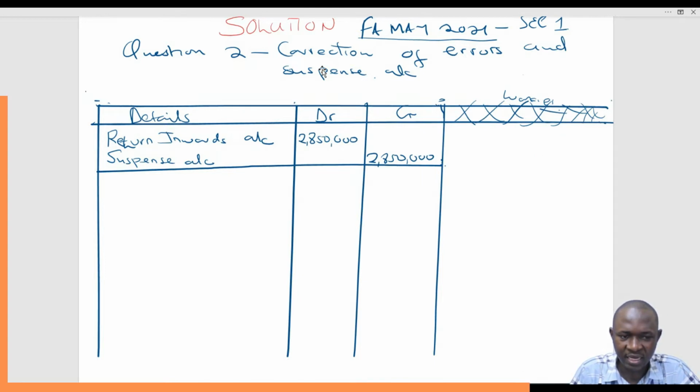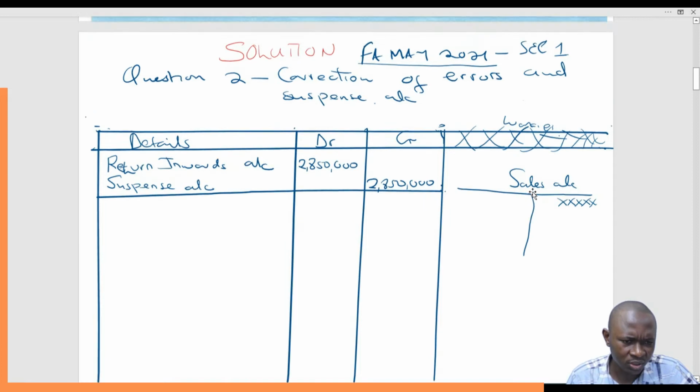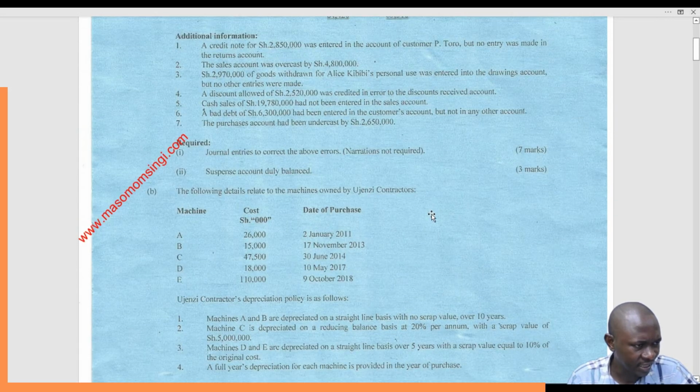Normally, a sales account is a credit account. So when we talk about sales account, we expect the figures to be here. It's a credit account. We are losing the goods, the stocks in the goods, so the goods are leaving the premises. So sales are a credit account.